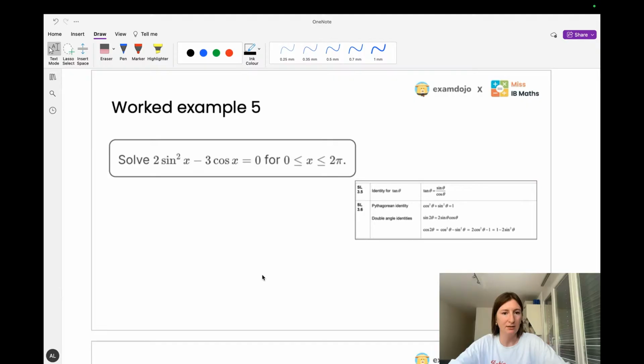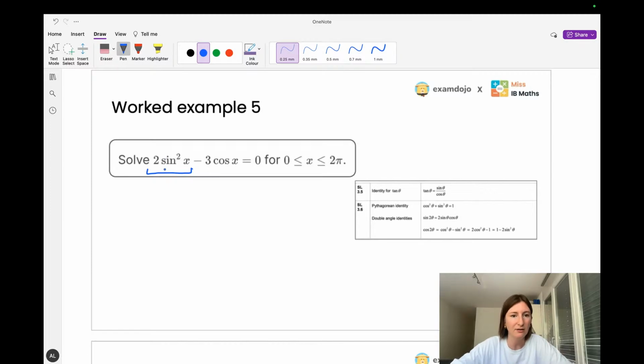All right. Another common one we see coming up: 2 sine squared x, and we have a -3 cos x. When you're trying to figure out which of these to substitute, which to change, if you just have a cos x or a sine x on its own, there's not much you can change about that. So it's most often going to involve the thing that has a squared or a 2x or something like that.